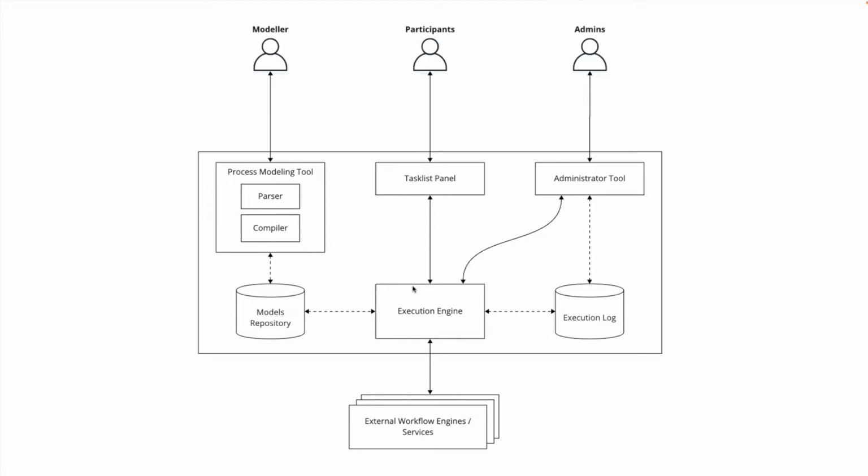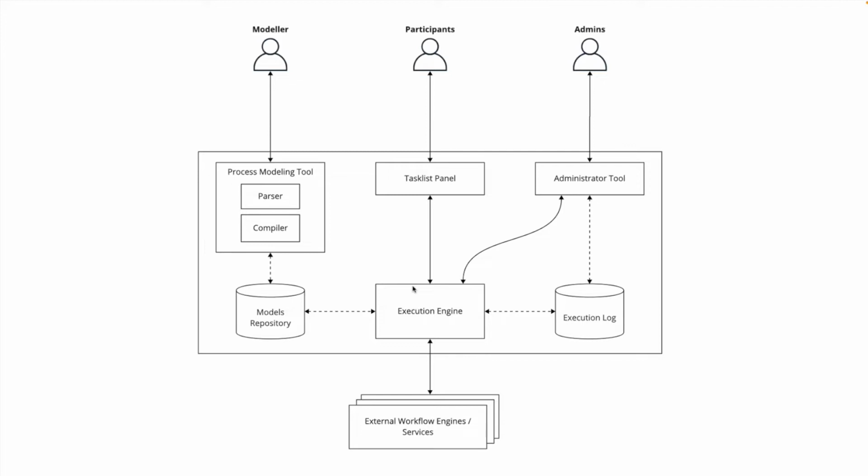So let's take a quick look at the architecture of these systems. We have the modeler, which does the modeling of the choreography, just like the one we saw before. Then we have the participant, who interacts with this choreography through the task list panel. And we have the admins, who do the configuration of the system.